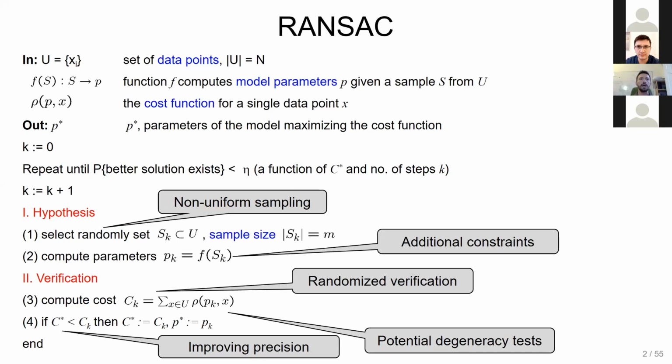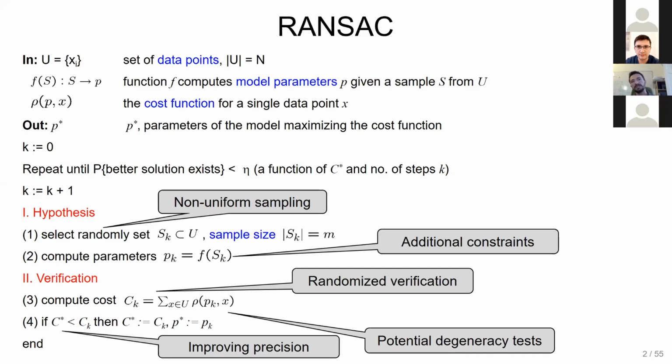So in this talk, I'll be speaking about a few improvements to the original RANSAC so that we don't have to sample uniformly. We can do something better. We can check for additional constraints, which might speed up the process by omitting some of the verification.